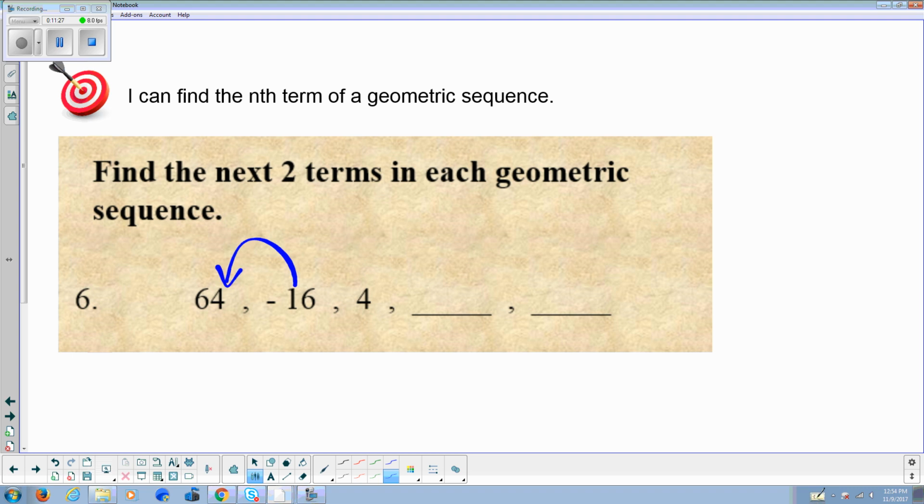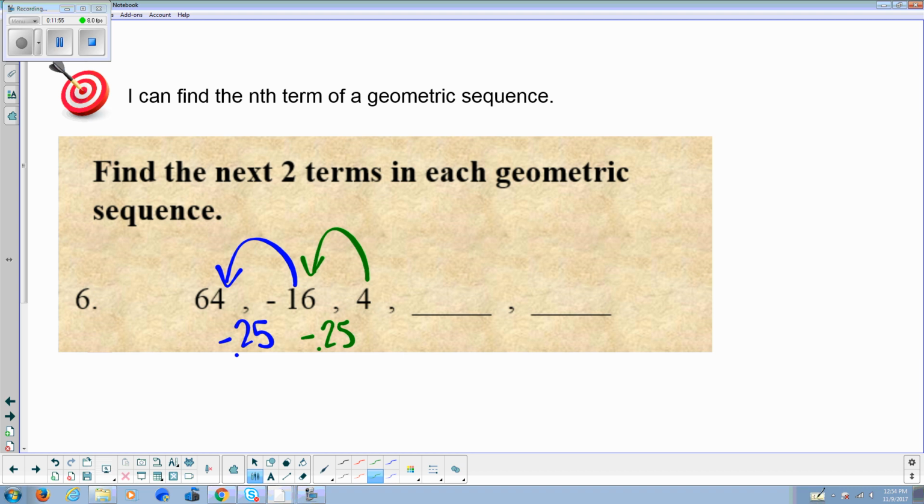Negative 16 divided by 64 is negative 0.25. And 4 divided by negative 16. Notice I have to type this number in first, and the number in front of it is what I divide by. 4 divided by negative 16 is also negative 0.25.